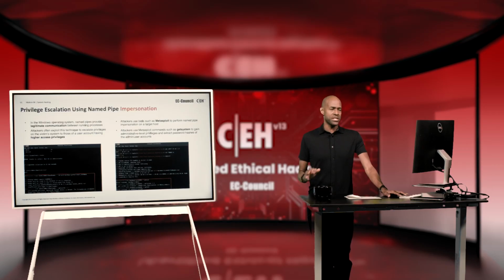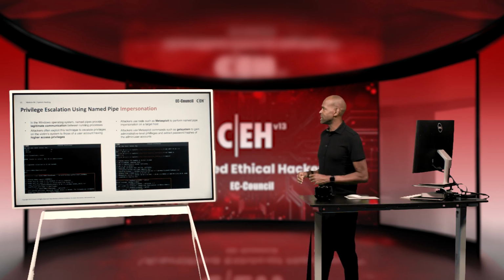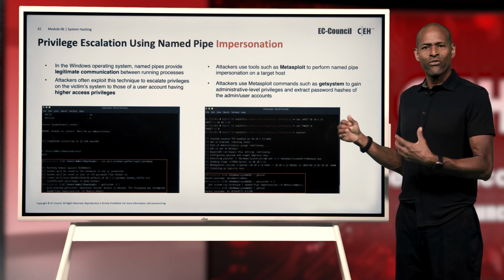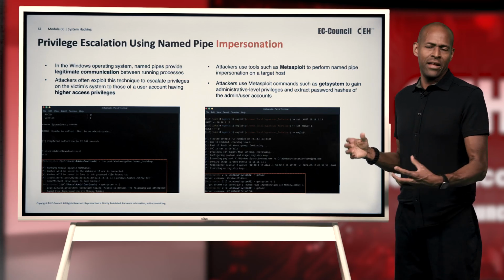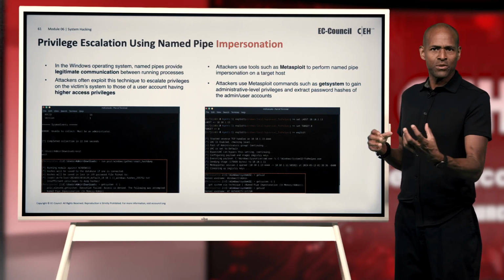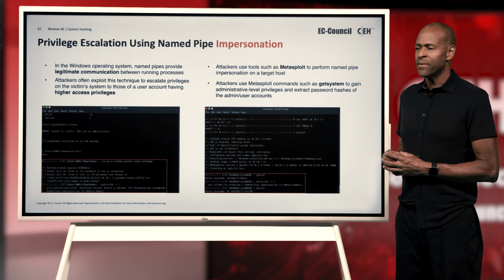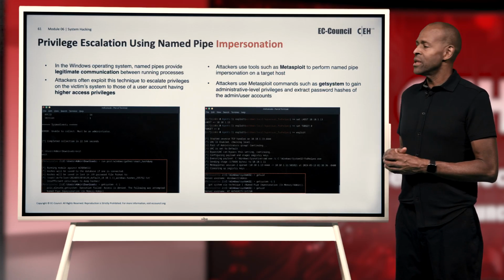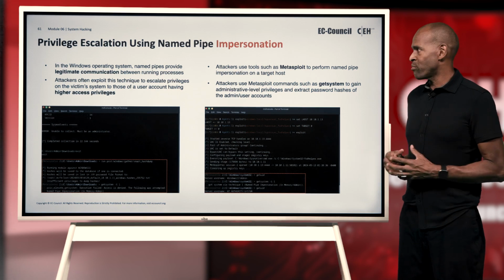So another type of privilege escalation that you can do is using named pipe impersonation. Let's have a look over here and talk about what's happening. A named pipe is a way for a client-server LAN application to talk between the server and the client. And so if you can impersonate a different client, then you can gain privileges.